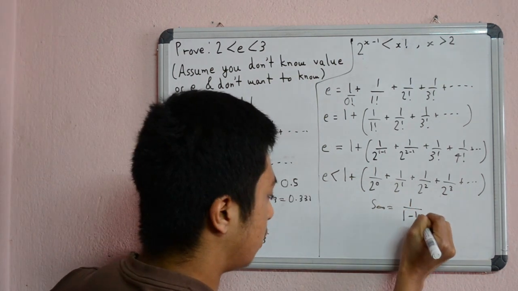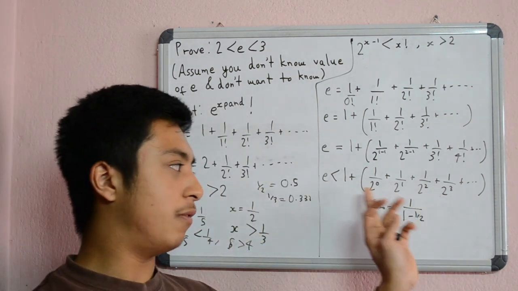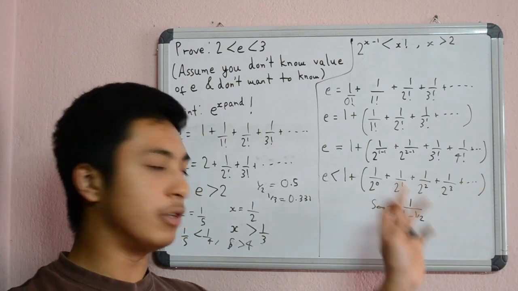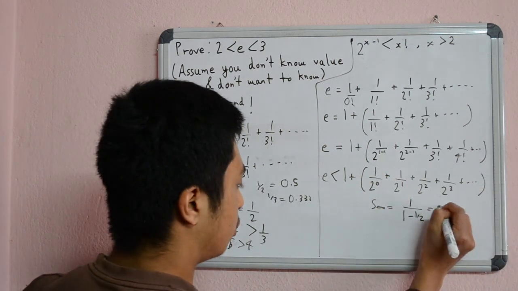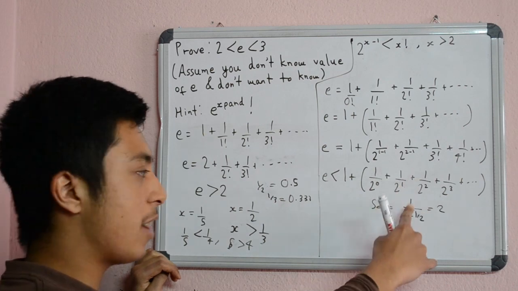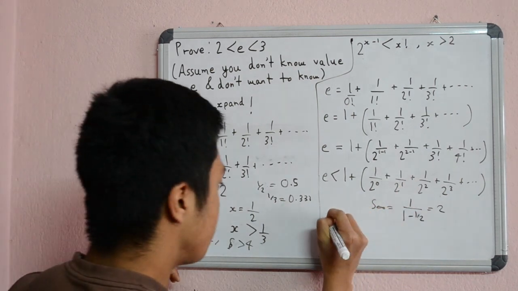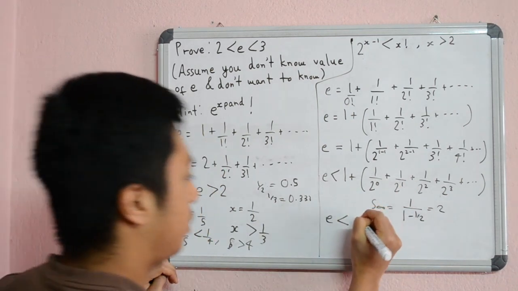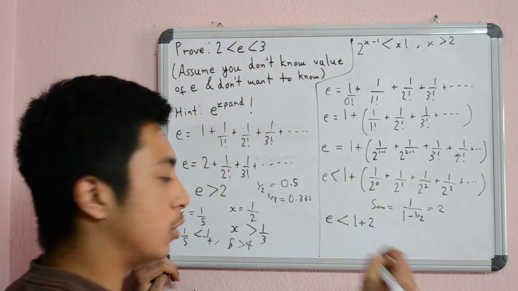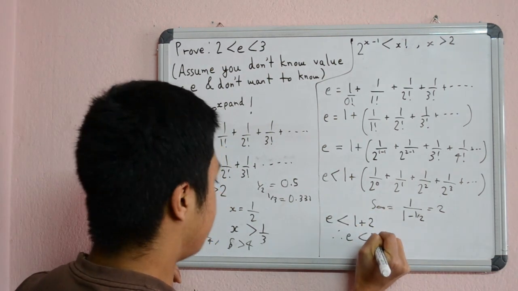So 1 minus 1 by 2. This is a very common geometric series to infinite terms. This is just equal to 2. You'll get 1 by 1 by 2, which is 2. So ultimately you'll get e is less than 1 plus 2, therefore e is less than 3.